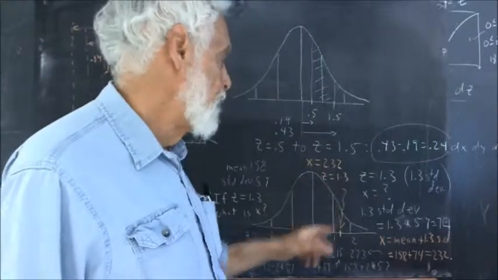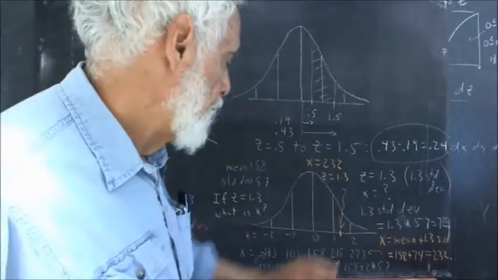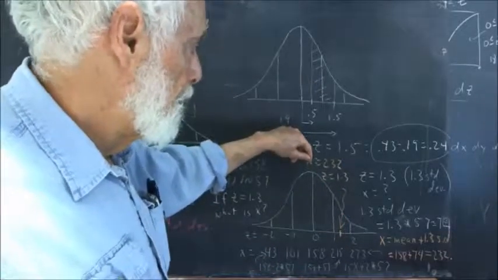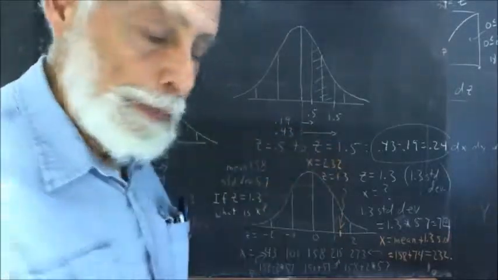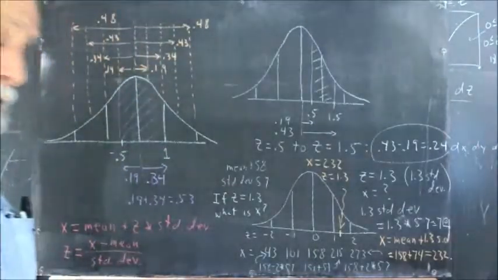Just find the area between 0 and z equals 1.3, and in this case, that's the area between x equals 0 and x equals 232. And we'll talk more about how that is interpreted.